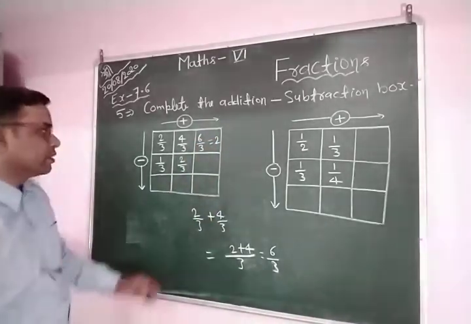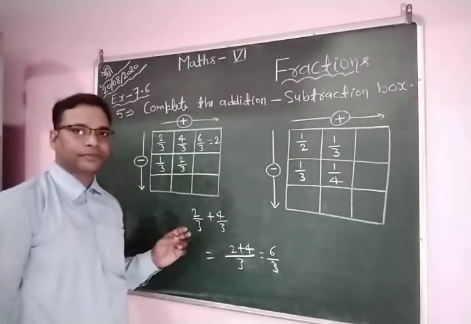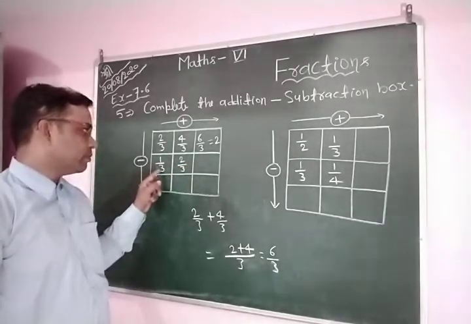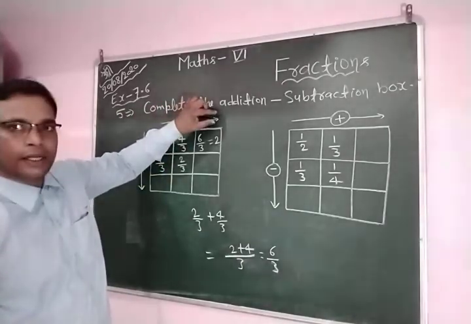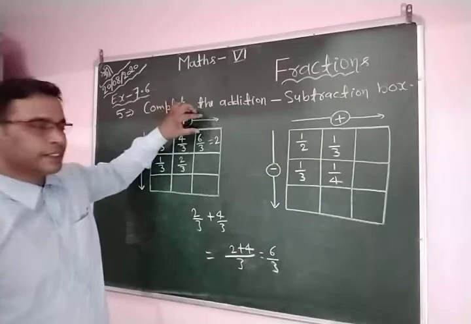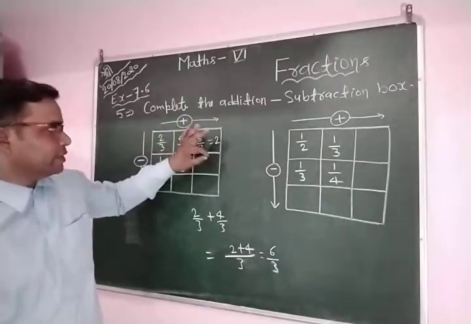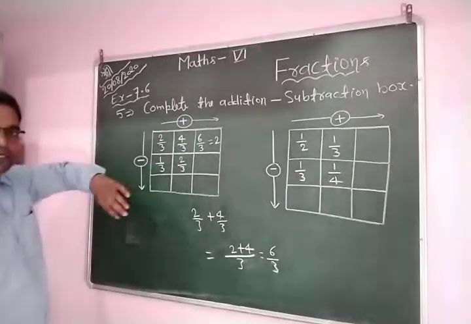Clear? Now for this box we sum 1 by 3 plus 2 by 3 because this ray indicates addition. Okay, in this direction we add and in this direction we subtract.